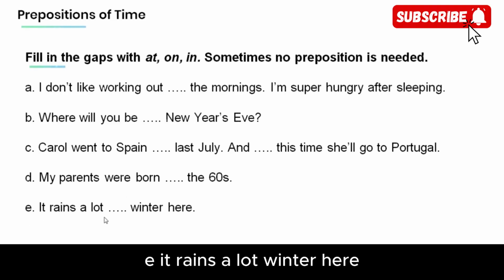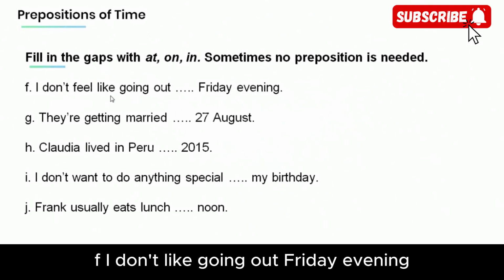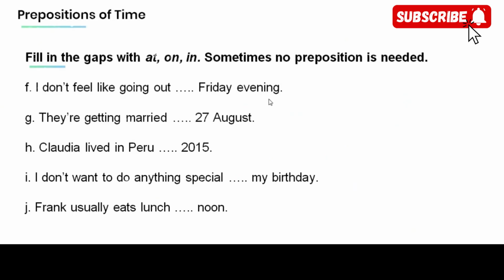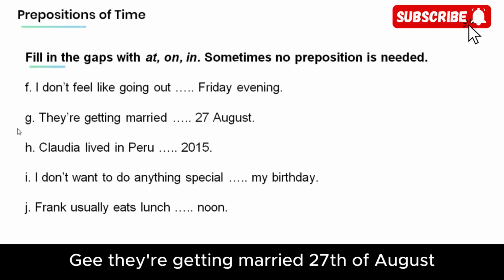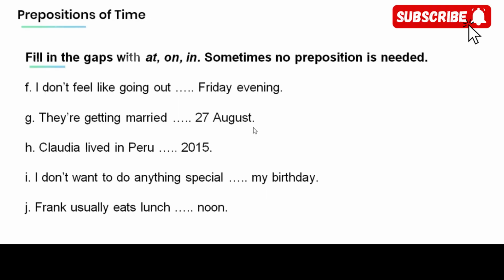E. It rains a lot. Winter here. F. I don't like going out Friday evening. G. They're getting married 27th of August.